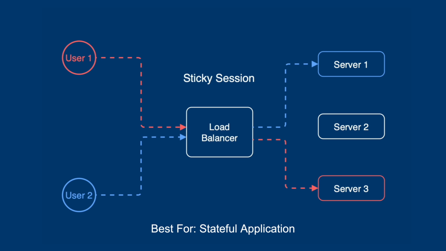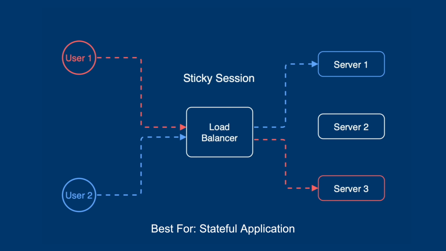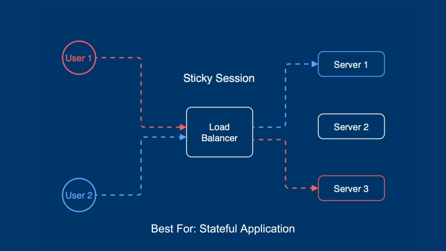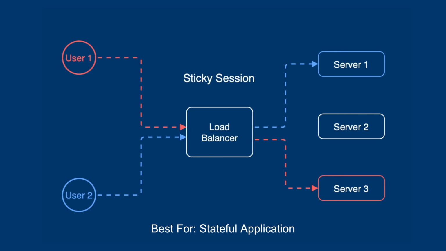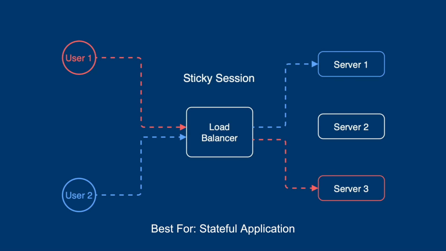Layer 4 uses IP data, basically the IP address of the user, to make the sticky session. And layer 7 uses HTTP cookies for that. That means that an application load balancer can balance per user, while a layer 4 load balancer balances not per user but per IP. It's a big difference.